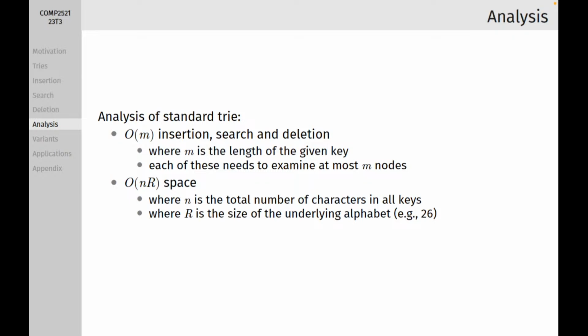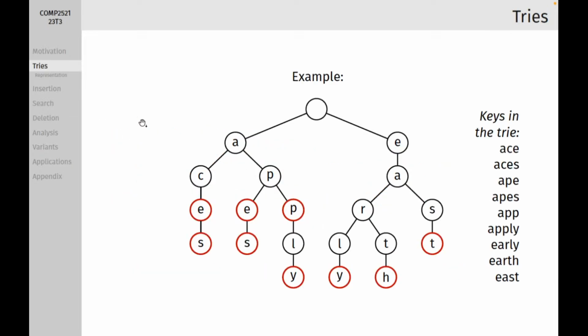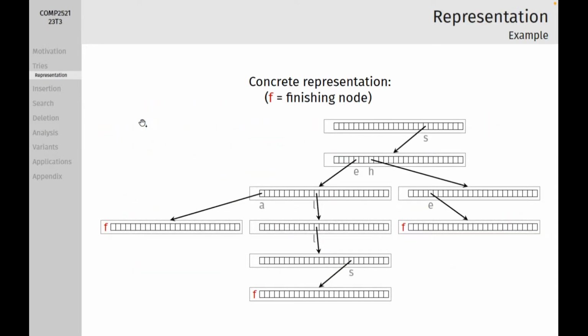Okay, but as well as time complexity, space complexity is also something to consider, because we saw how much space a trie takes if you use a very simple representation where you have just an enormous array of pointers.